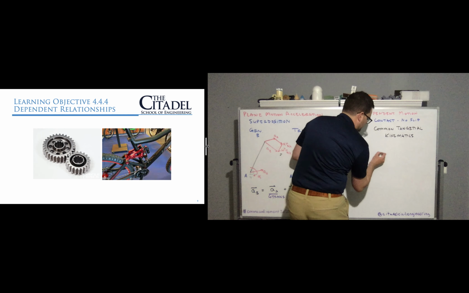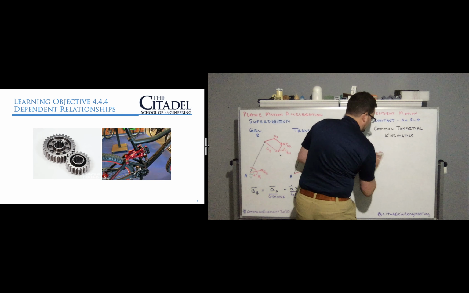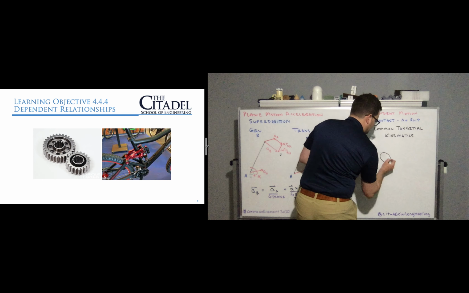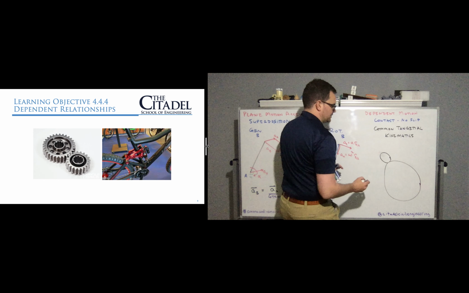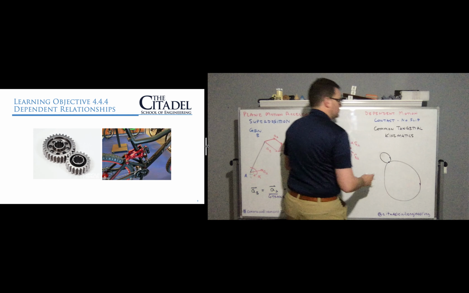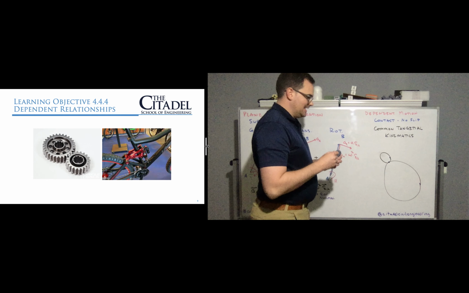That means that if we were to look at the interaction between 2 gears, pretend those were actually round, where they touch, they would have common tangential components.